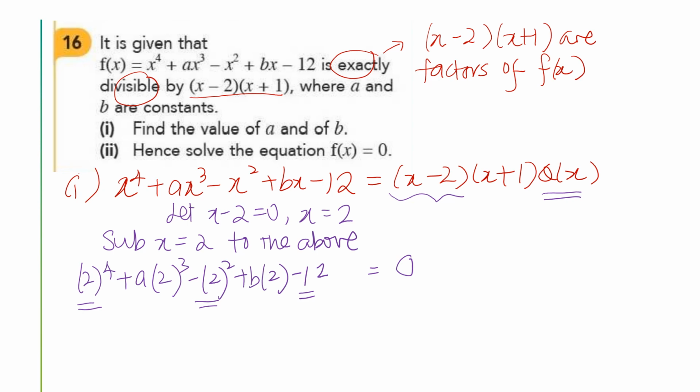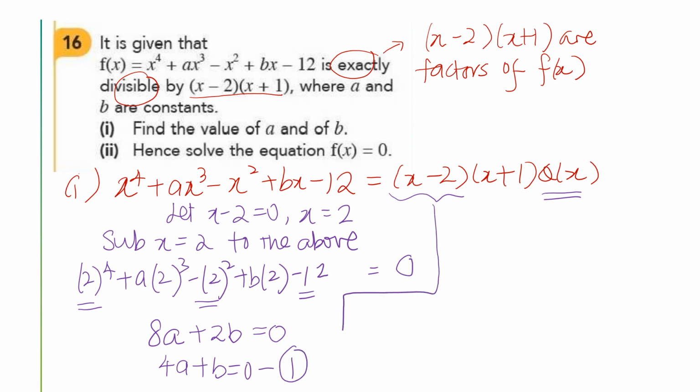Right, so you will get 8a plus 2b equals to 0. So we call this equation, or you can divide by 2 to get 4a plus b equals to 0. So we're going to call this equation 1.